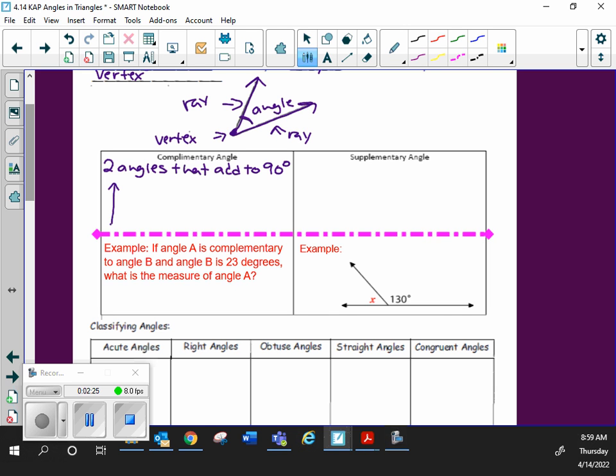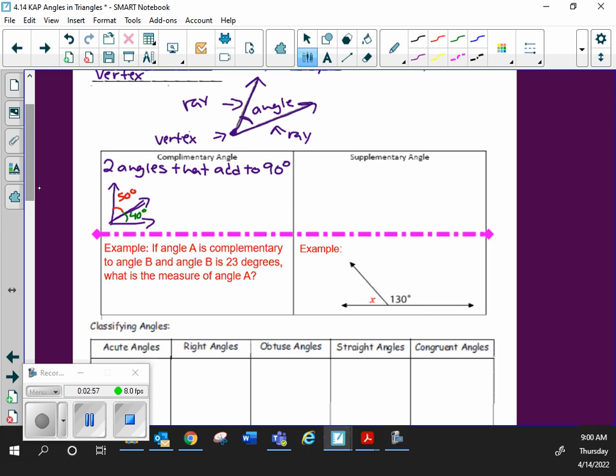So for example, I have 2 angles right here. I have the angle on the top, let's say that's going to be 50 degrees, and this angle down here is 40 degrees. If I added those 2 angle measures, I could say that they equal 90. Now with angles, there's a specific way that we write angles. We don't just write the words, the measure of angle, blah, blah, blah.